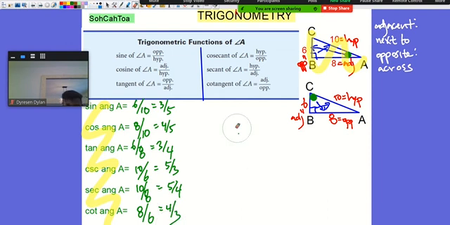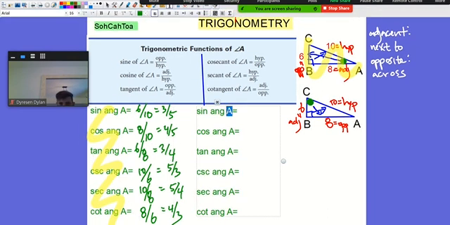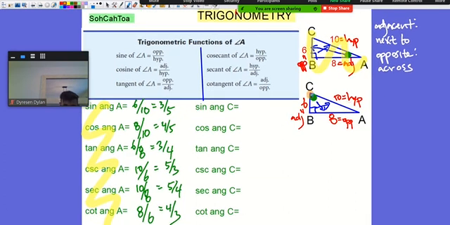Now let's go ahead and do the same thing here, but let's go with angle C, sorry. Okay, angle C. So now we are going to be using this triangle right here, and do the same exact thing. Sine is opposite over hypotenuse, which is 8 over 10. Cosine is adjacent over hypotenuse, which is 6 over 10.